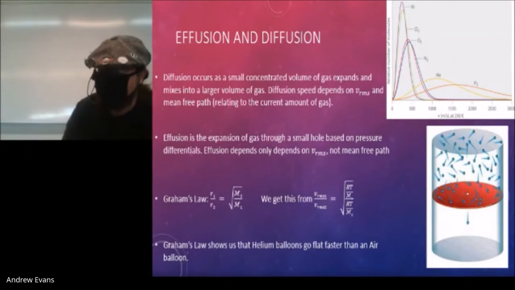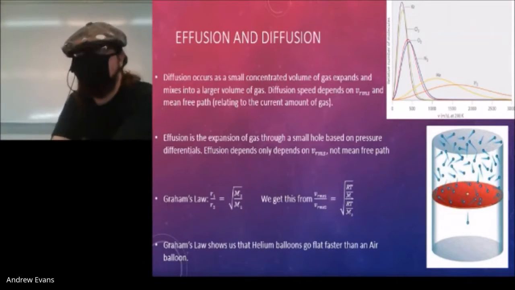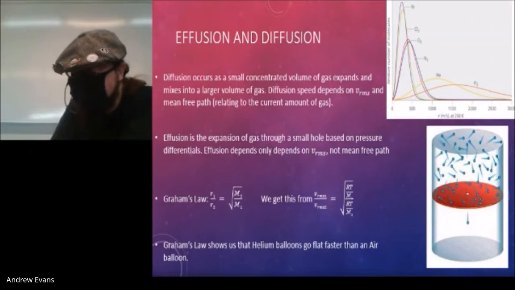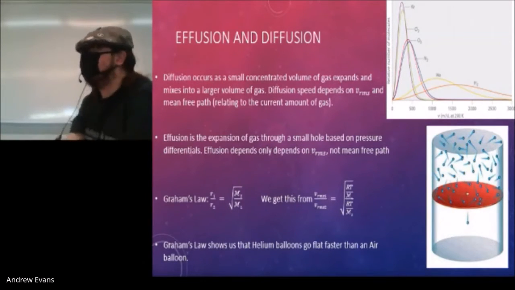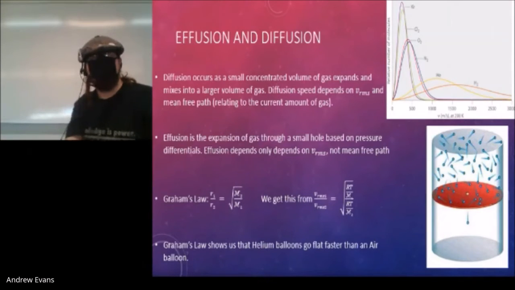So where do we get that equation? We take the velocity of 1 over the velocity of 2. Velocity of 1 is, remember, the square root of 3RT over molar mass 1. Velocity 2 is the square root of 3RT over molar mass 2. Well, if we're considering both at the same temperature and R is the same, the 3RT cancels out.